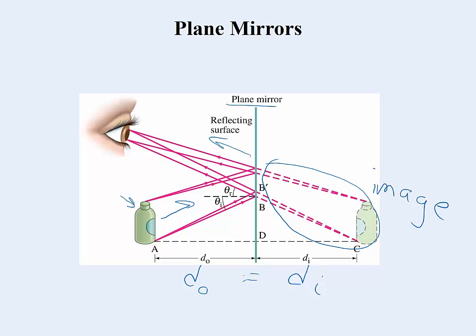Now there's no way that we could actually put a piece of paper here and have the image formed on that piece of paper, because it's really within the mirror, it's a reflection within the mirror. So because we can't display this image on a piece of paper located at DI, this is called a virtual image. The distance of the image from the mirror, as I said before, is equal to the distance of the object from the mirror.